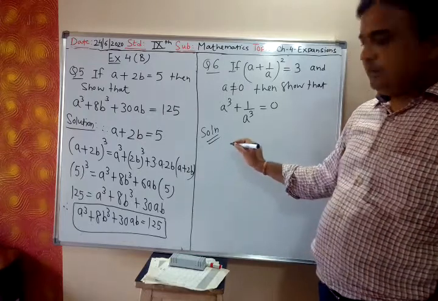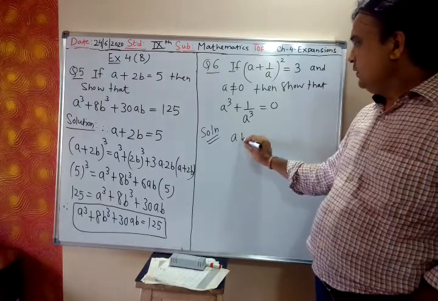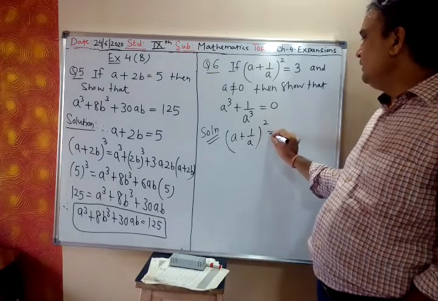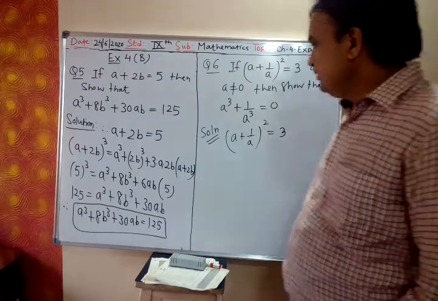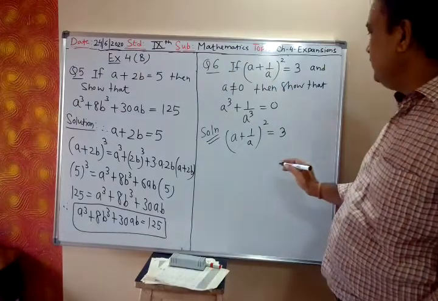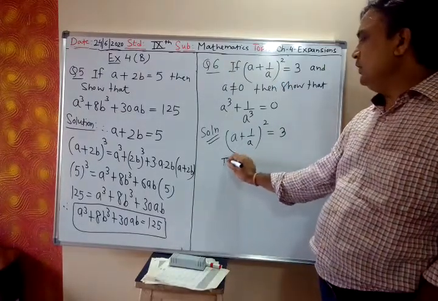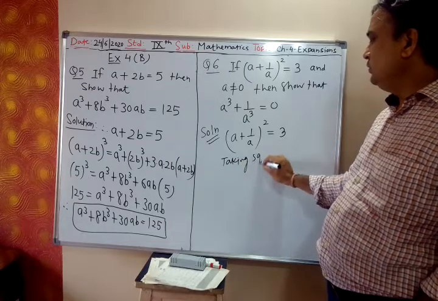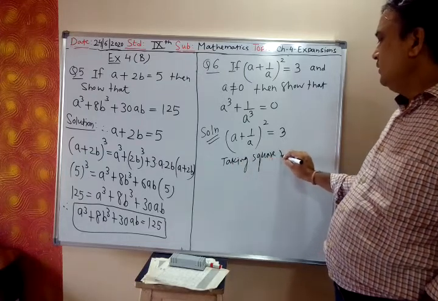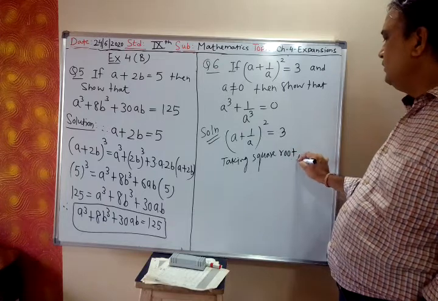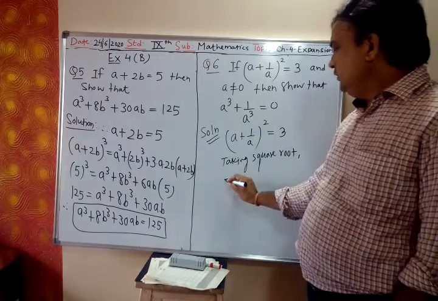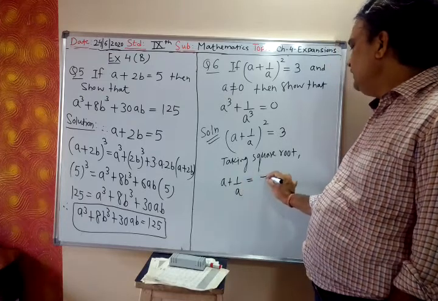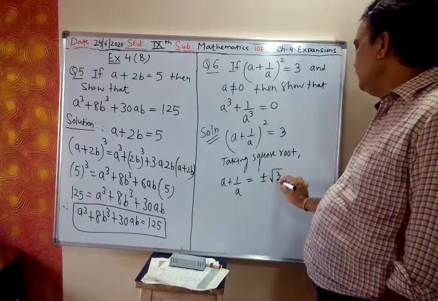We are given a plus 1 upon a whole square. This value is 3. So taking square root, you will get a plus 1 upon a is plus minus root 3.